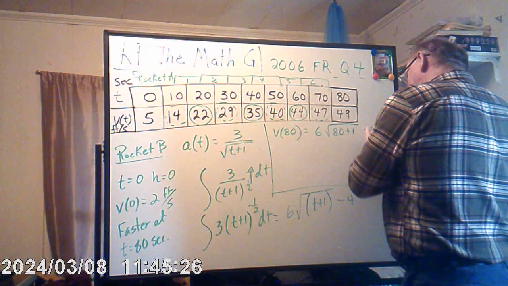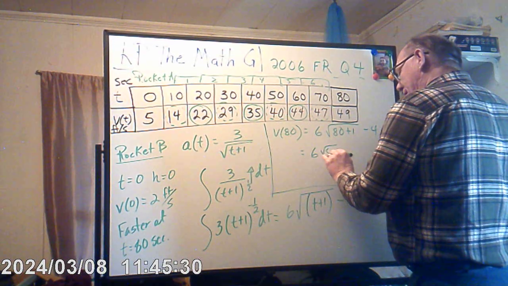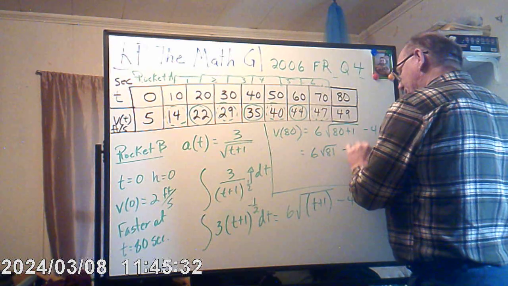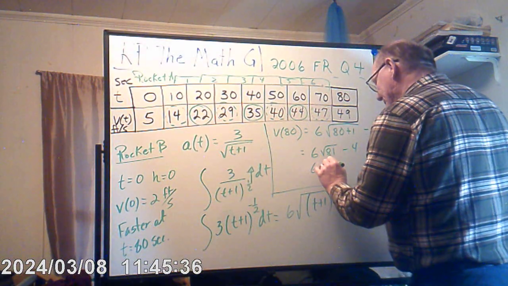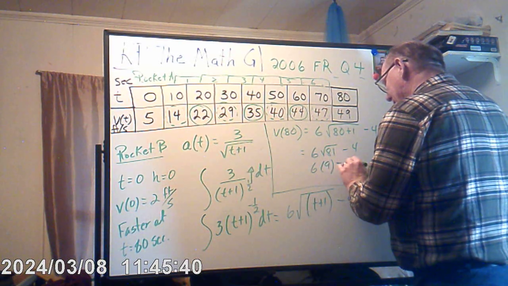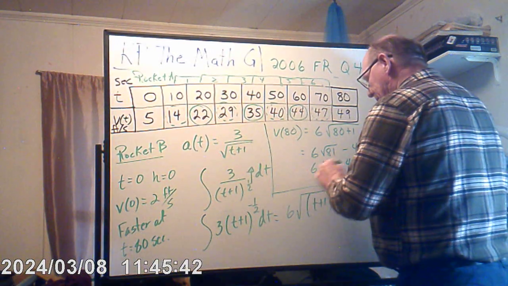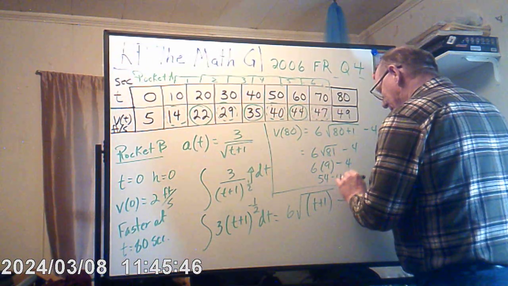I knew something didn't look right. This is the square root of 81, now minus 4. The square root of 81 is 9. So 6 times 9, 6 nines are 54. 54 minus 4 is 50.